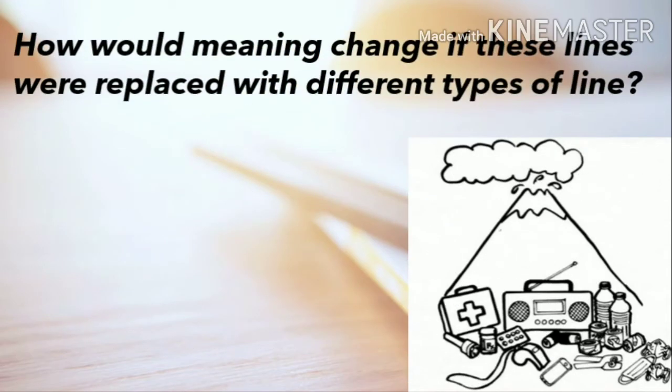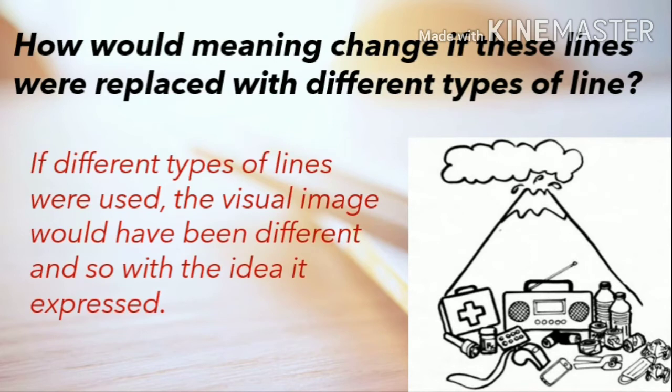How would meaning change if these lines were replaced with different types of lines? If different types of lines were used, the visual image would have been different, and so with the idea it expressed.